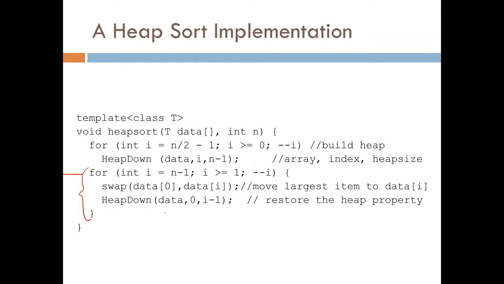When I heap something down, I may have to heap it all the way down from the root all the way to the leaf. Therefore, I've got n out here, and I'm doing log n work in here, and that log n is happening inside of the loop. So therefore, this is an n log n algorithm.